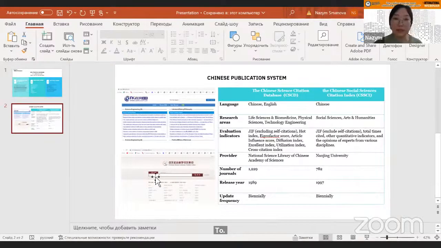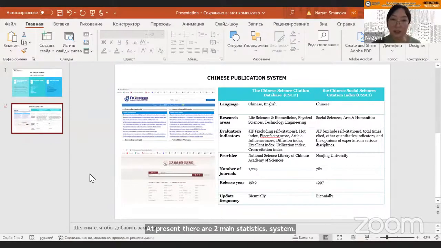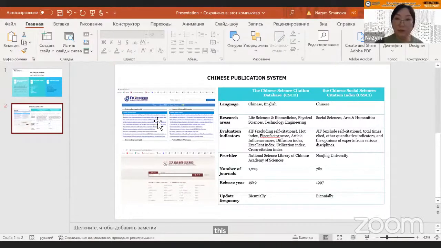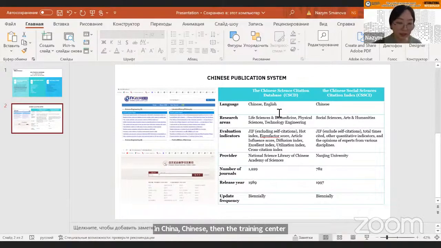At present, there are two main citation index systems in China: the Chinese Science Citation Database and the Chinese Social Science Citation Index. The first of them, the Chinese Science Citation Database, was established in 1989 by the Chinese Academy of Sciences.